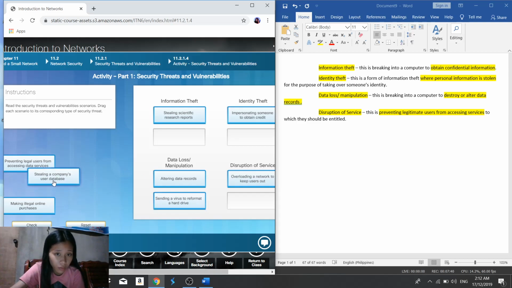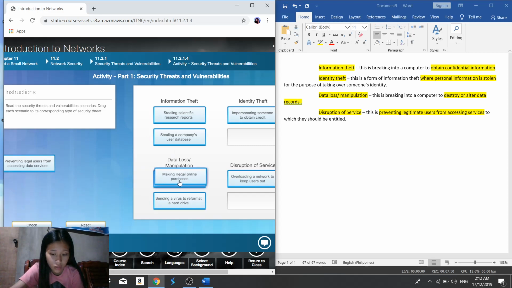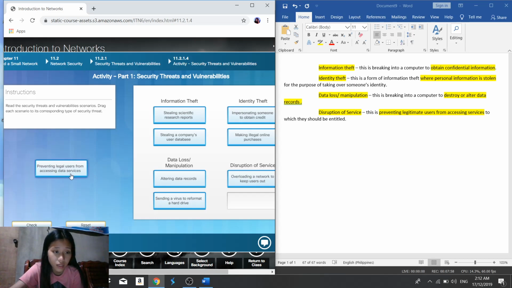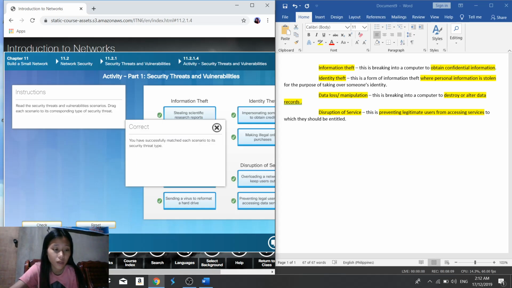Preventing legitimate users from accessing data services is the disruption of service. So it's correct.